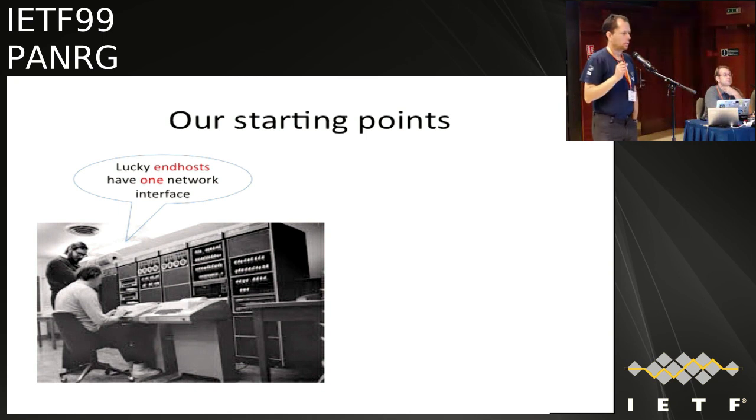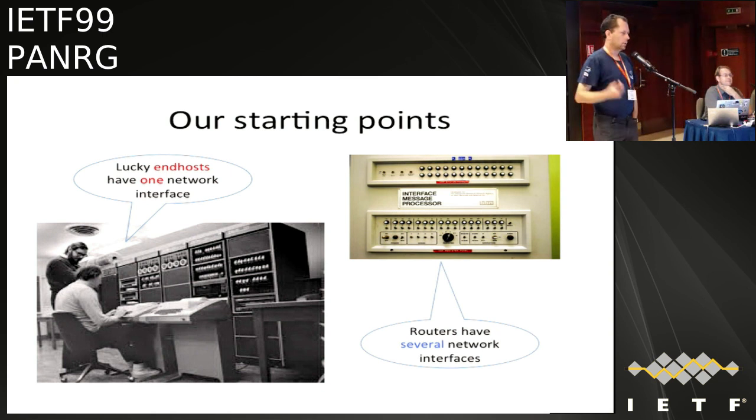And then we had routers, which were basically devices with multiple interfaces. When I teach Networking 101 and I ask a student what's the difference between a router and an end host, the answer is always that an end host has one interface and just one address, and the router has multiple interfaces and multiple addresses. And in the mind of many people, this is still the difference between end hosts and routers.